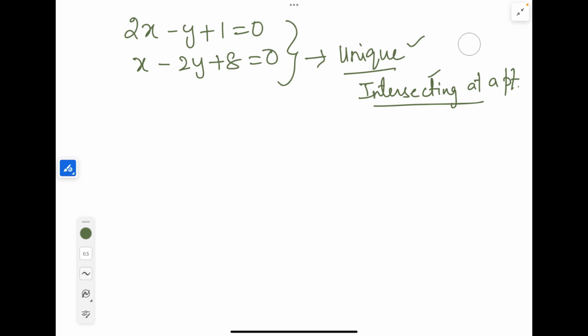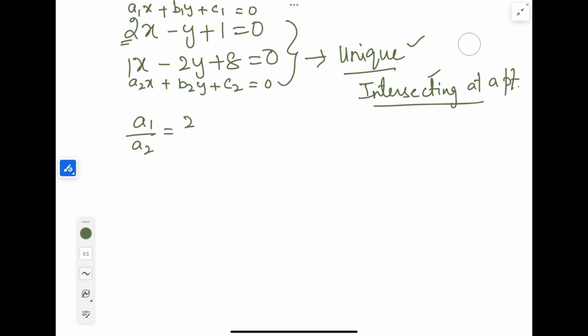Okay, so here we know the standard form of a pair of linear equations, right? a1x plus b1y plus c1 is equal to 0. This one will be a2x plus b2y plus c2 is equal to 0. Now let us see a1 by a2, which is 2 by 1, which is 2. Okay, b1 by b2. b1 by b2 is what?